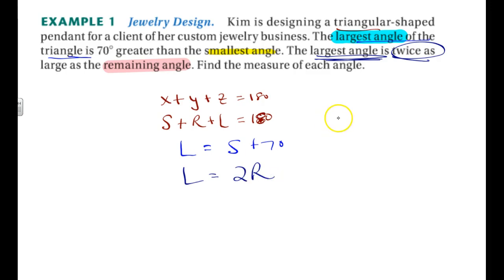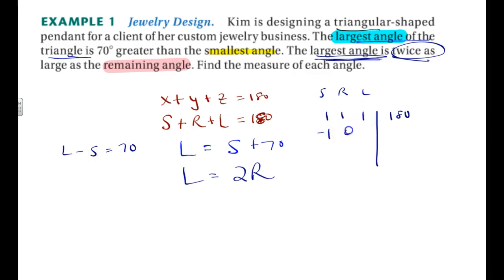So I'm going to dump this into a matrix, even though I can do this problem just like the previous problem and do some substitution. To dump this into a matrix, I need to put all the variables on the same side. So I'm going to put small, remaining, and large right here. So the small is -1.